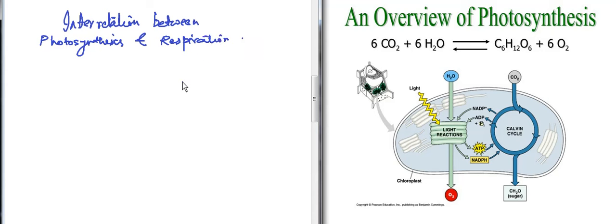It doesn't mean that the plant is not going to respire. The plant is a living organism, so it has to respire and it will take oxygen and it has to release carbon dioxide.